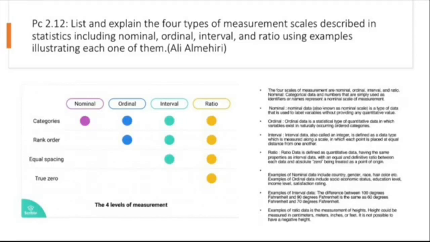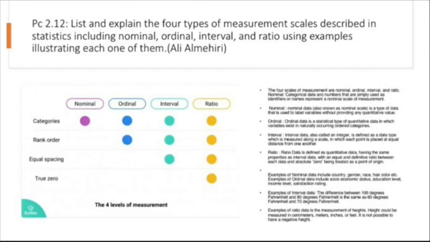Interval data, also called an integer, is defined as a data type which is measured along a scale, in which each point is placed at equal distance from one another. Ratio data is defined as quantitative data having the same properties as interval data, with an equal and definitive ratio between each data and absolute zero being treated as a point of origin.